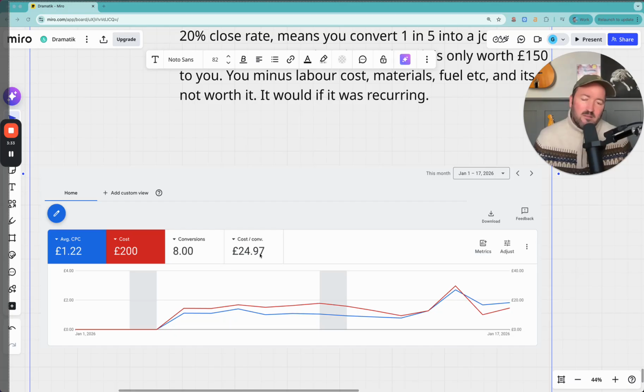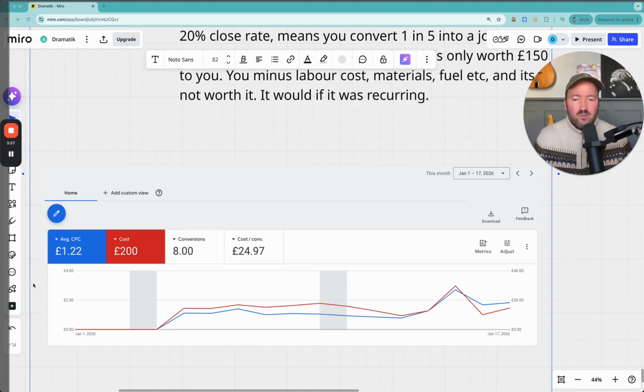Working on the 20% close rate, that's still going to stack up, because this service is a recurring service. It's a self-storage unit business. Typically customers stay for 6-12 months, and they're paying upwards of £100 a month. So it easily stacks up over time.